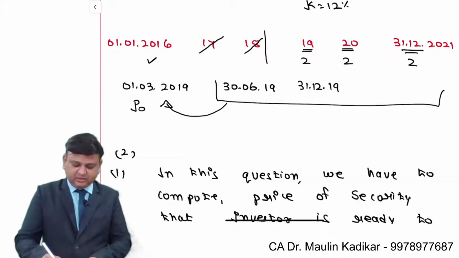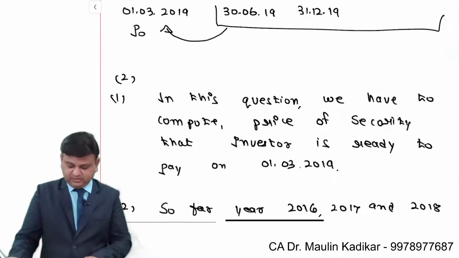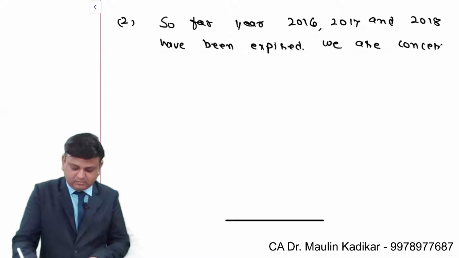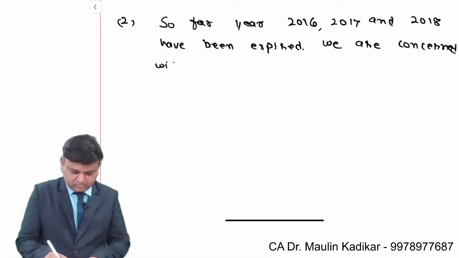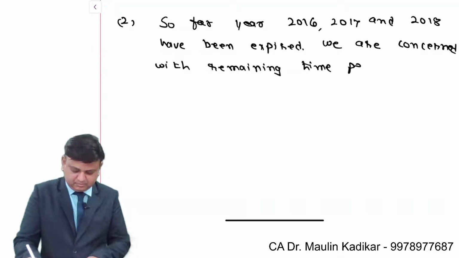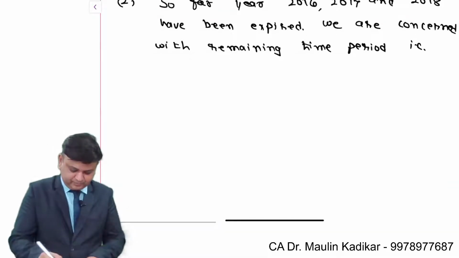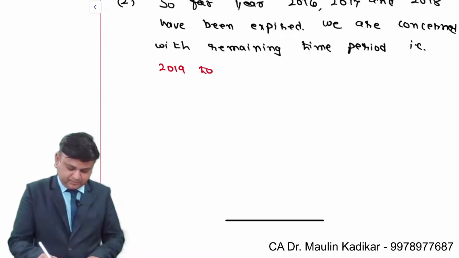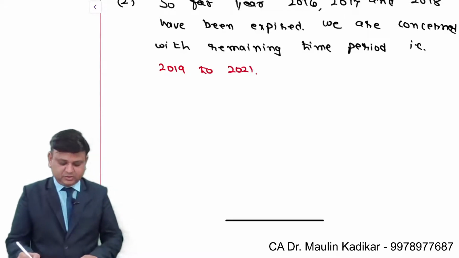So friends, over here 1, 2 and 3 years expired so far. Full stop. We are concerned with the remaining time period that is 2019 to 2021. Full stop.